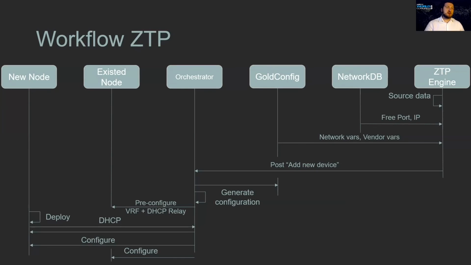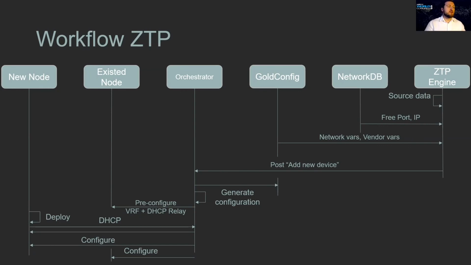At this stage, it is also necessary to automatically get free ports in the node into which we will include a new device, as well as automatically obtain IP addresses. Next, we need to form a request to the orchestrator, which will make a request to GoldConfig, receive the required variables, and preconfigure the network. Configure UNI, that is VRF plus DHCP relay.